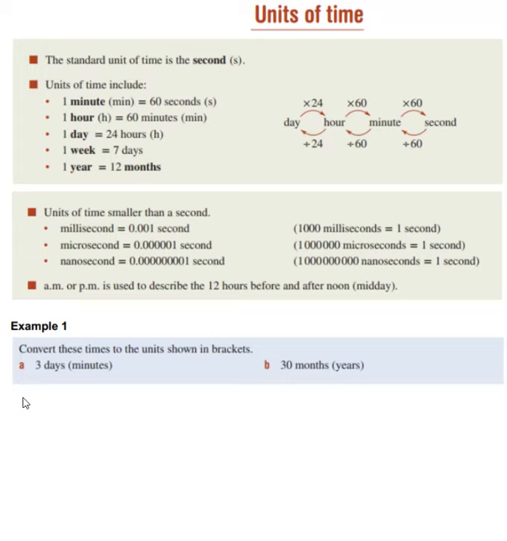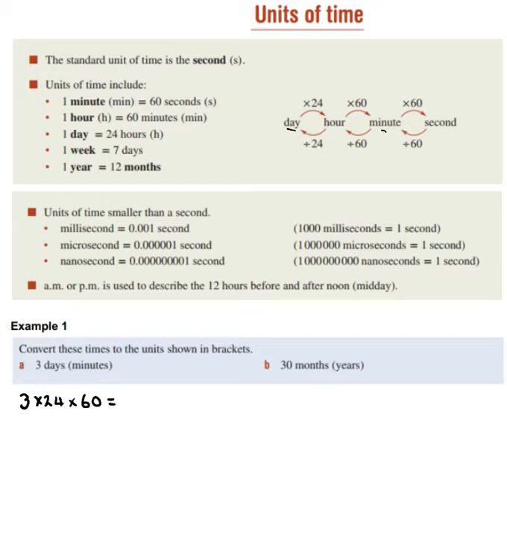So I'm going to start off with 3 days. Now, we've got to go from days to minutes. So all we're doing is taking the 3 days and timesing it by 24 to get into hours, then timesing it by 60 to get into minutes. So it's going to be 3 times 24 times 60 to get our answer.